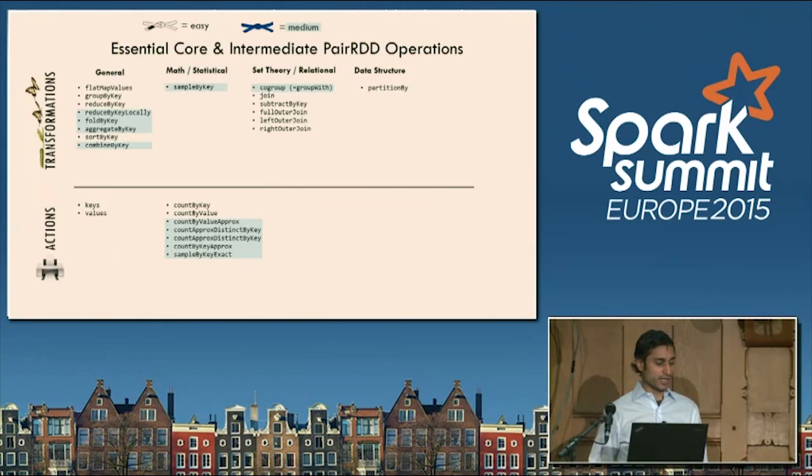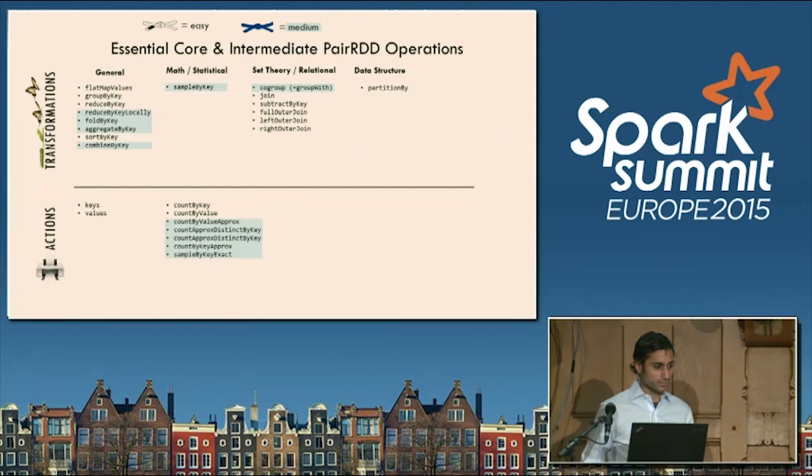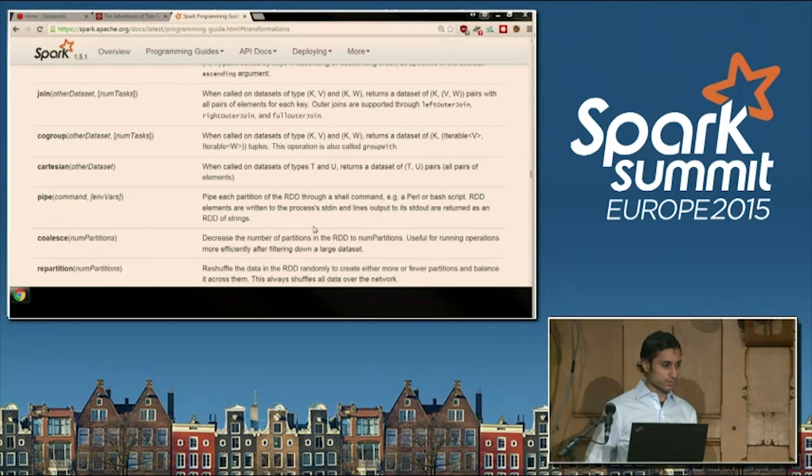But when you have key value items in your RDD, then you can do joins on the key. You can group by the key. You can get just the keys or the values. I just figured this might be an interesting way for you to look at this. Okay, so now let me go back to my demo.